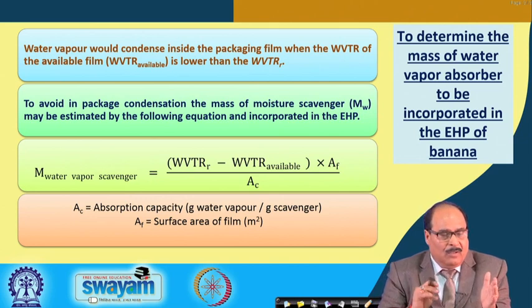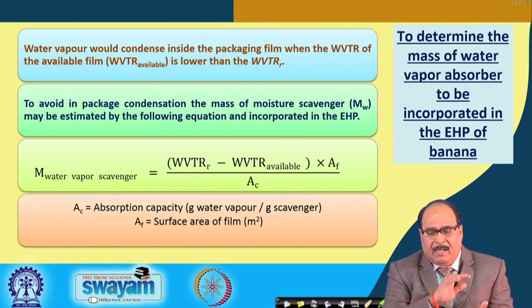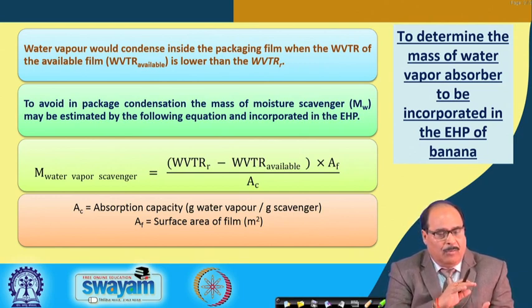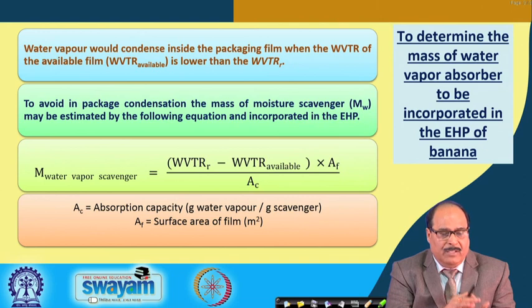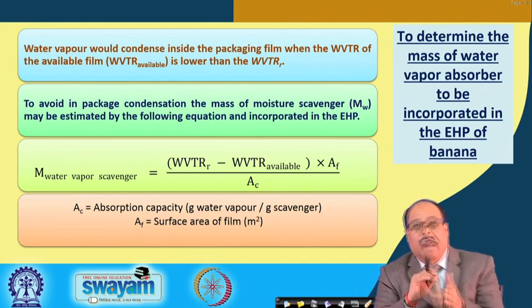For example, now what is the water vapor that would condense inside the packaging film? As I told you, this happens when the water vapor transmission rate of the available film, that is WVTR available, is lower than the WVTR required.